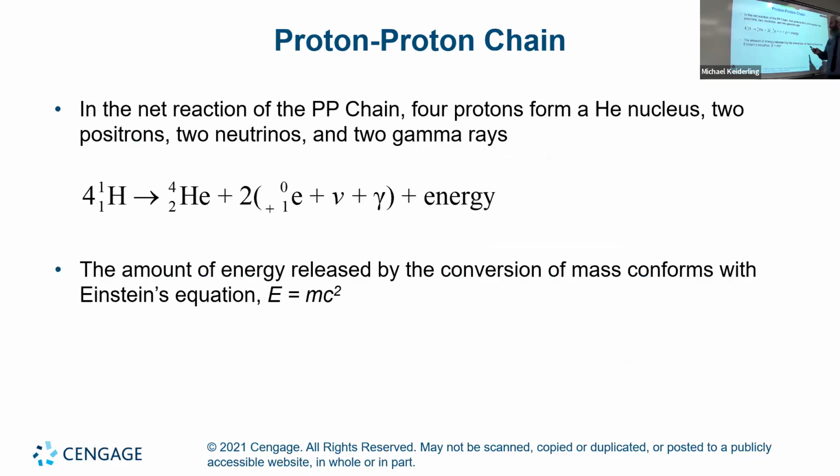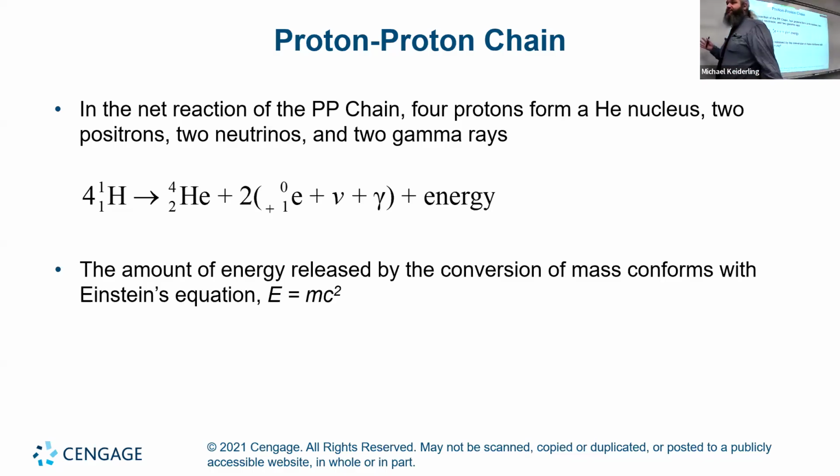And the amount of energy released by the conversion of mass matches up with Einstein's equation for E equals mc squared. So if you look at the mass of all of these, I mean, this is massless, it's just light. But the mass of these things, it's less than the mass of the 4 hydrogens by a little bit. And that difference is what's converted into energy and is emitted as energy.